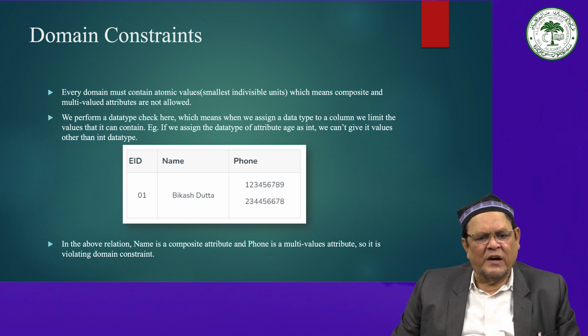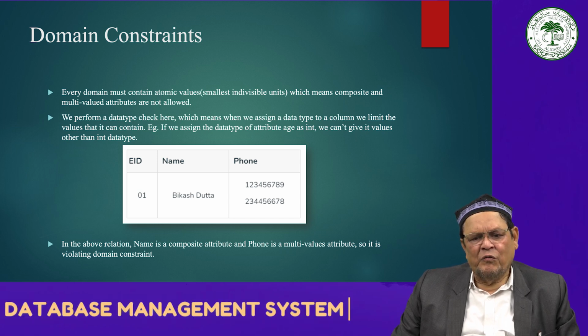We perform data type checks here, which means when we assign a data type to a column, we limit the values that it can contain. For example, if we assign the data type of attribute age as int, we cannot give it a value other than int data type.